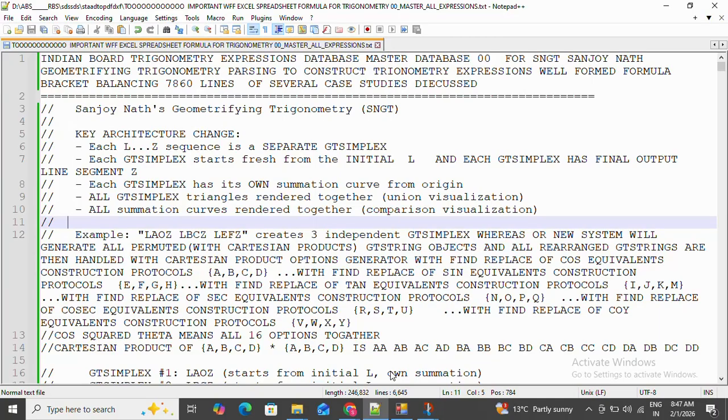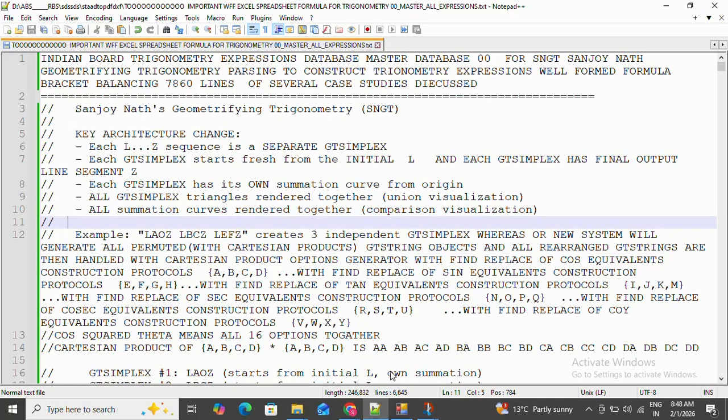From the top view we can see these kinds of images that you are seeing on the GT simplex simulator, and it is easier to simulate with software, so we are using the software here. The software is not here to be shown; it is here to make you understand the theory of geometrifying trigonometry. All summation curves are rendered together, and the comparisons are done for visualization purposes, and it is going to save you time and give you intuitions about the geometric natures of the trigonometry expressions.